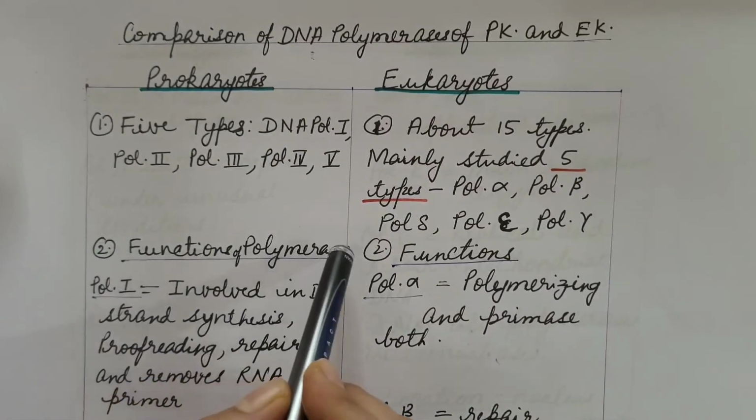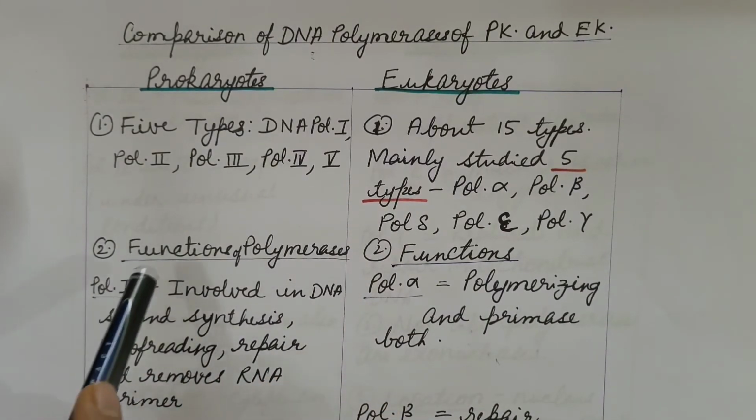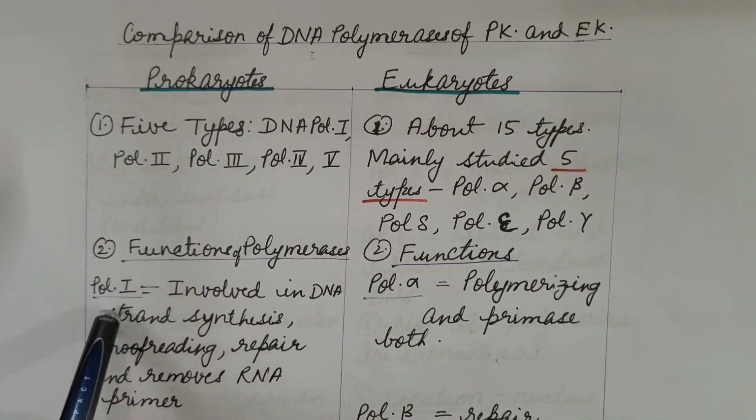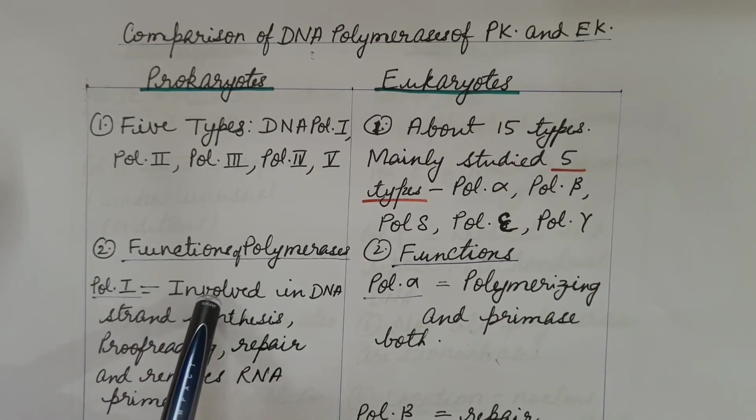Now the functions of polymerases. In case of prokaryotes, DNA polymerase 1 is involved in DNA strand synthesis, proofreading, repair, and it also removes RNA primer, and hence it fills the gap between Okazaki fragments.